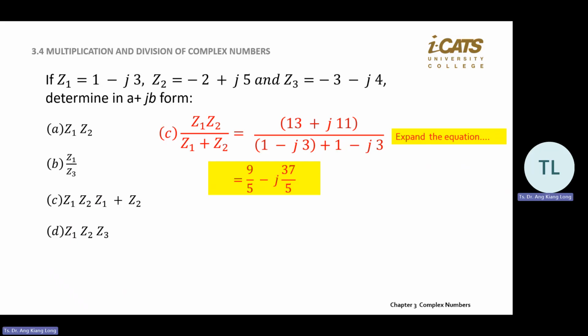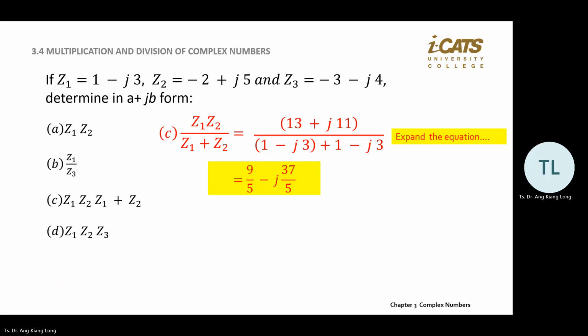Okay, let's do 13 plus J11 over minus 1 plus 2J. But is the answer correct or not?